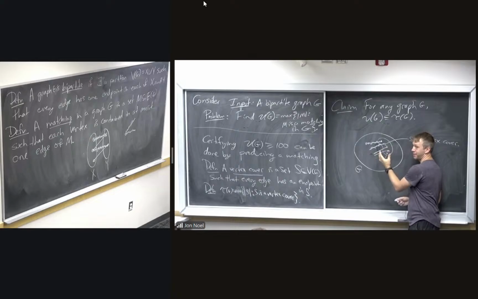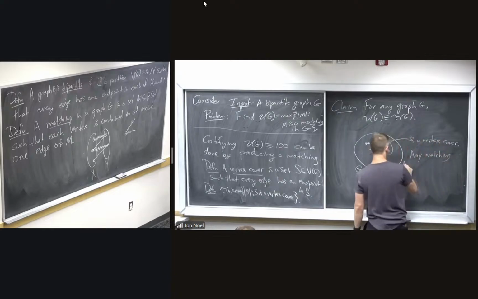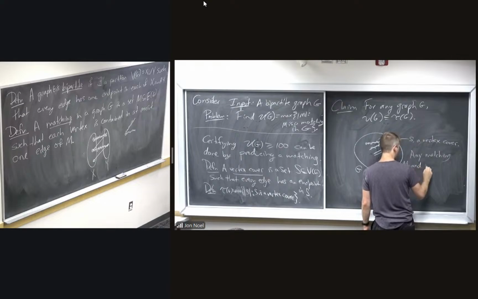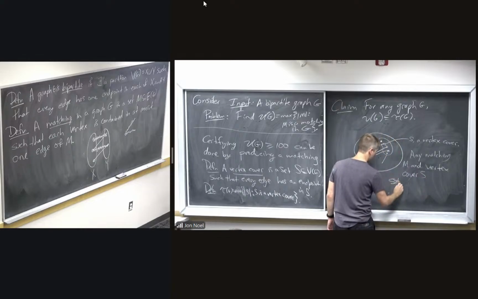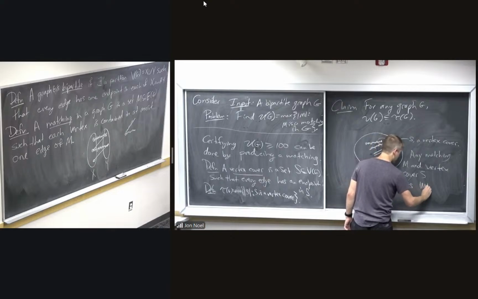That would be a contradiction because it's a matching. So any matching M and vertex cover S satisfy that the size of M is at most the size of S, by pigeonhole.